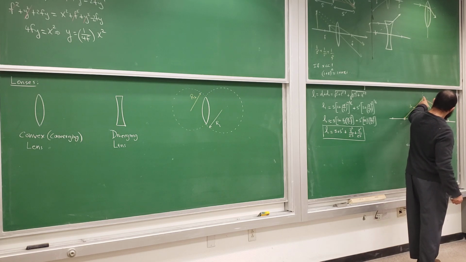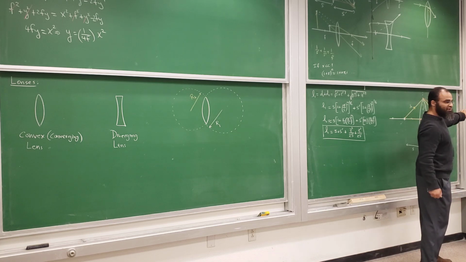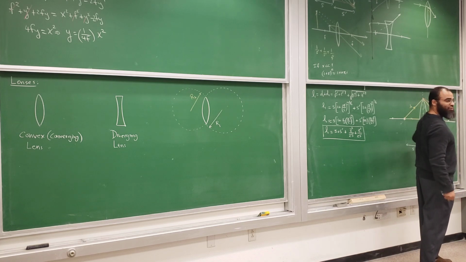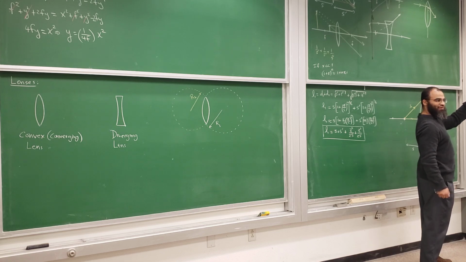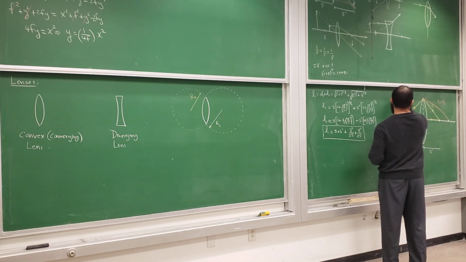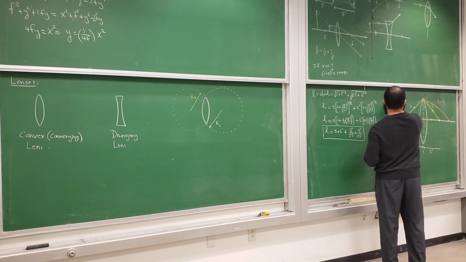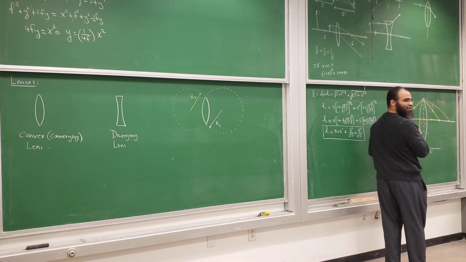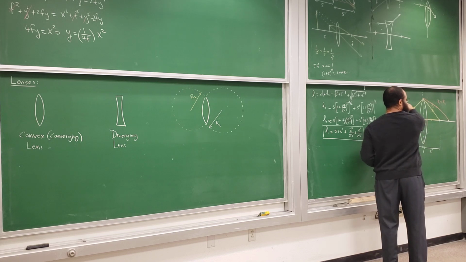However, this radius of curvature here is negative because the radius of curvature is on this side, and the outgoing rays are on that side. So R2 will be negative. Similar reason to the convex mirror, where the reflected rays were going like this, right? But where was the radius? Other side, so it was negative.